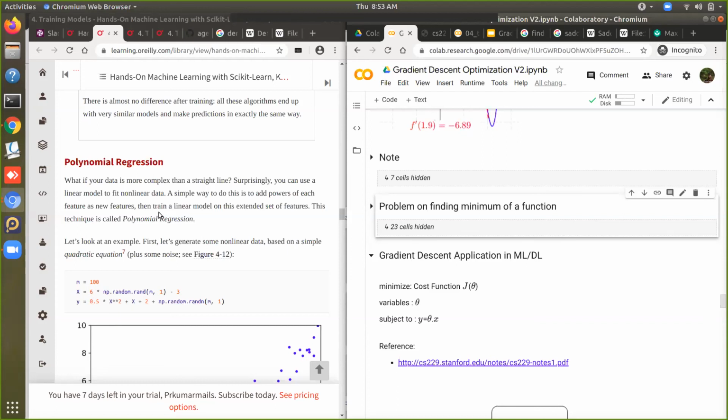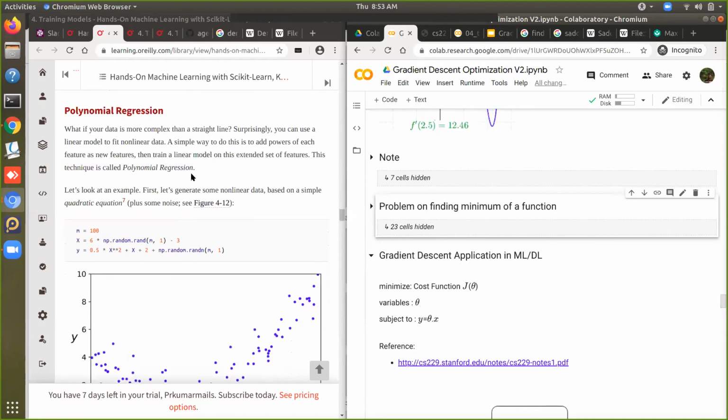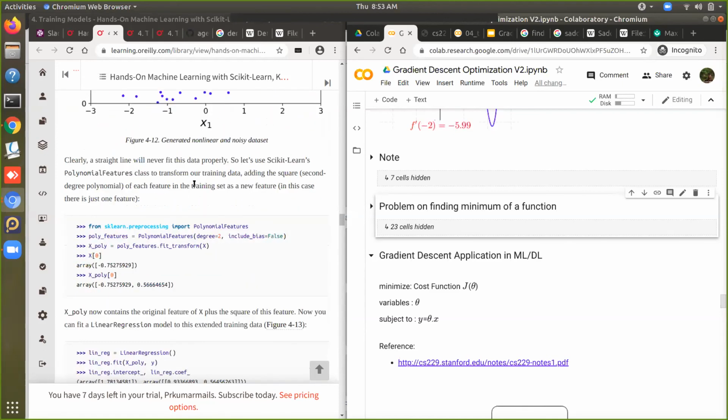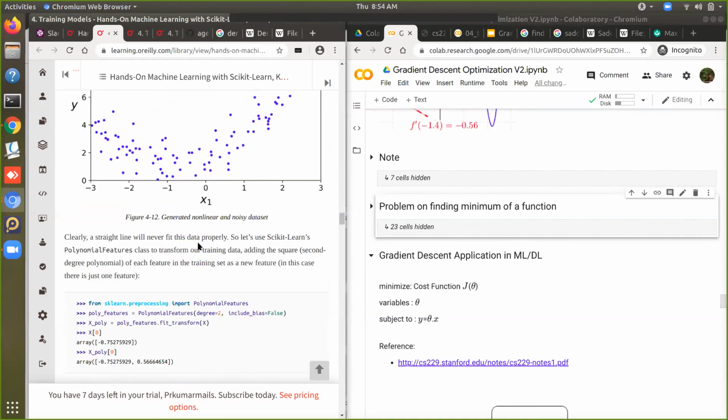If that occurs, we can just take them and plug them into our model. That's what polynomial regression does, finding the linear features.